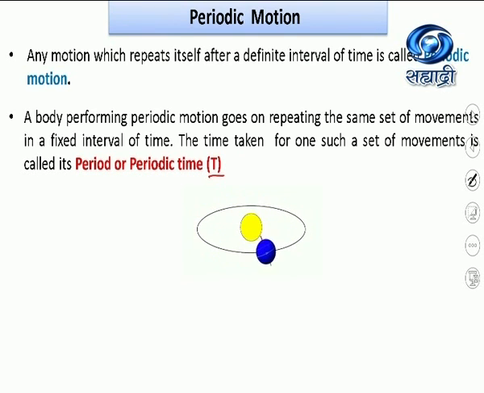When the Earth is revolving around the sun, the motion is periodic, and the time taken by the Earth to complete one revolution is the periodic time, which is equal to 1 year or 365 days. Even the hands of a clock are performing a periodic motion.